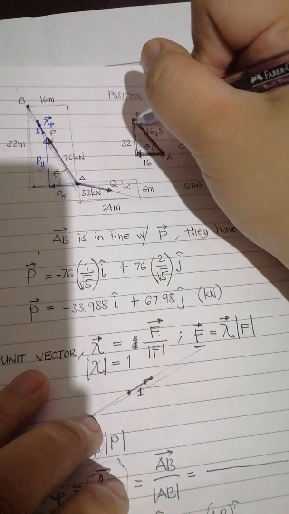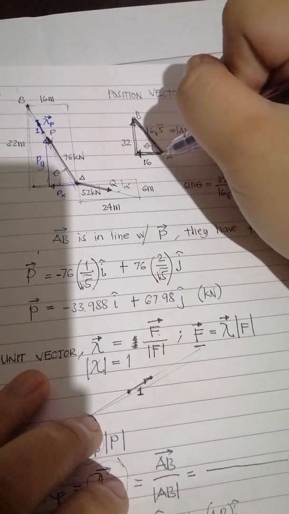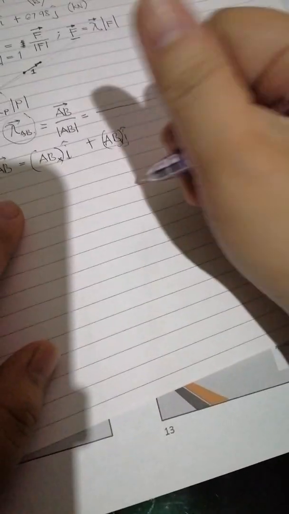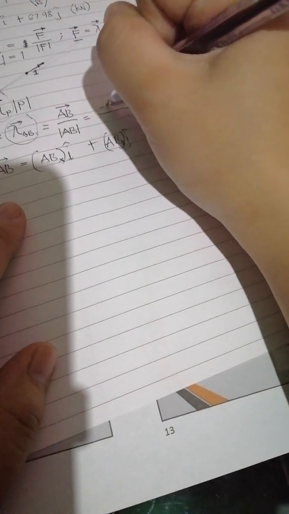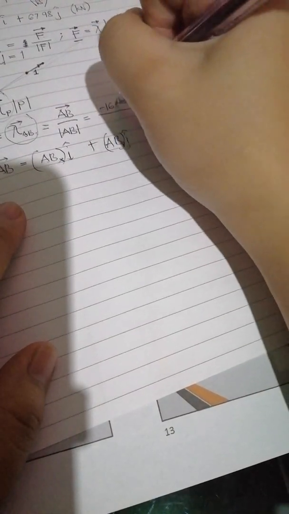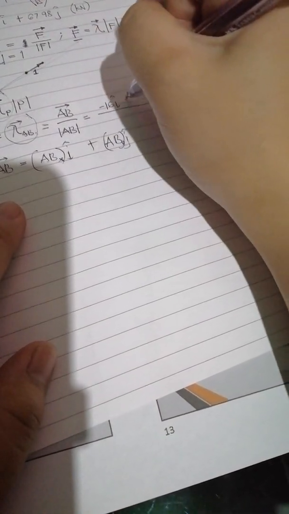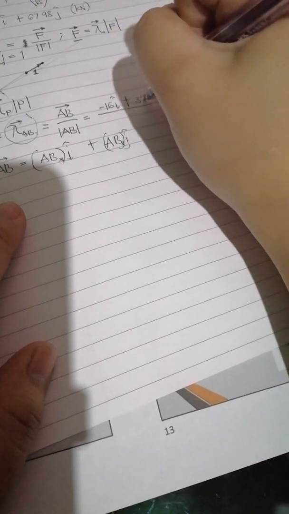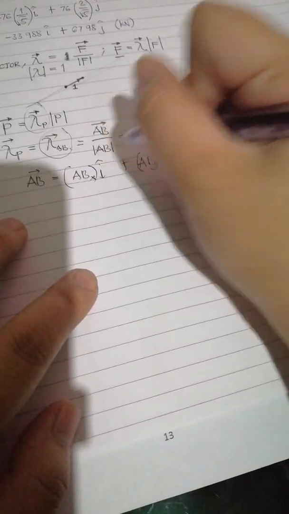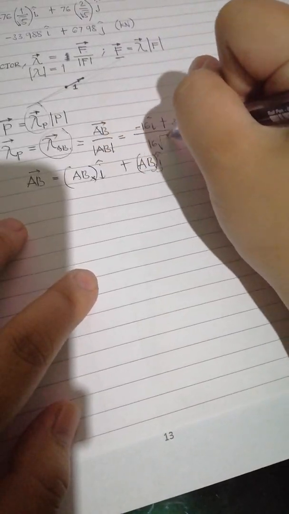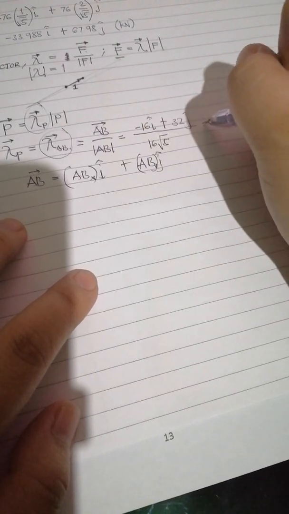So, X component ni AB is negative 16 i hat, then plus 32 j hat. Yan, 32 upward. And then, what is the magnitude? 16 square root of 5.